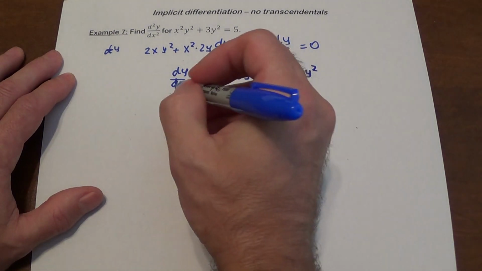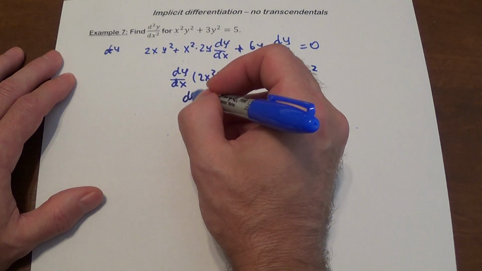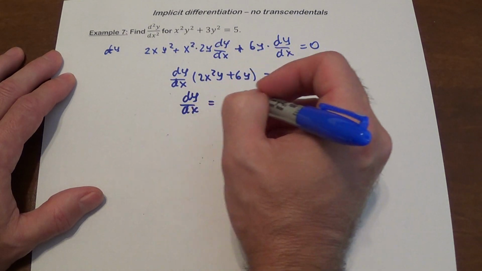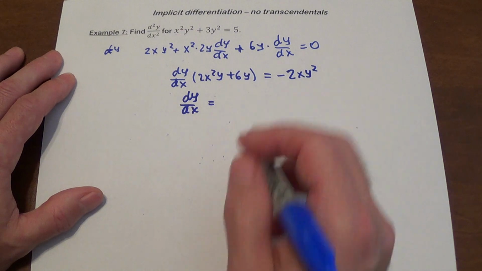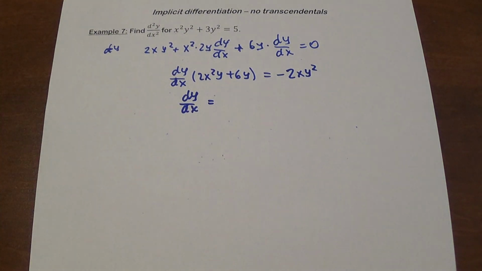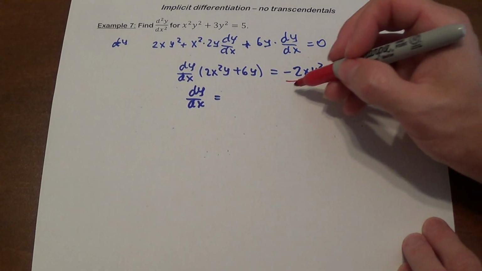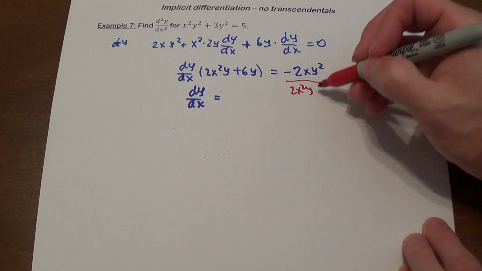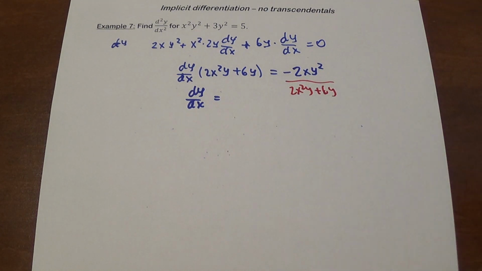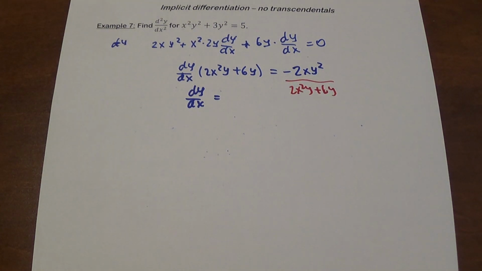And then when we rewrite dy over dx, let me do it here so I don't have to write it many times. If I divide both sides by this quantity, 2x squared y plus 6y, I'm going to be able to simplify that.